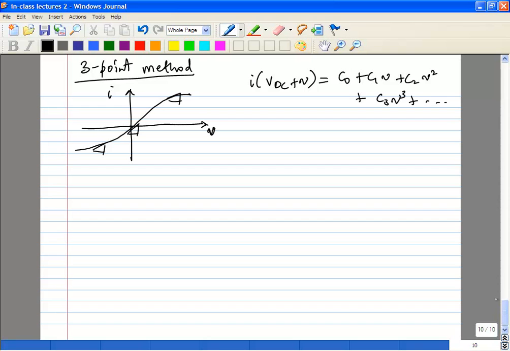So this is effectively a measure of GM, right? C1 is a measure of GM. Okay. What is G of 0? It's your slope. So we're going to define G of V. So what is G of 0? C1, right?